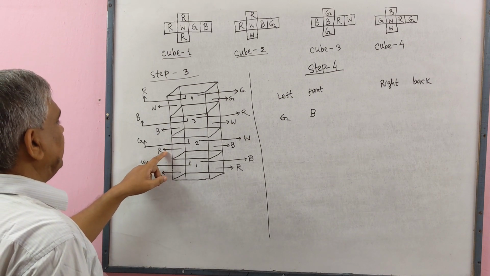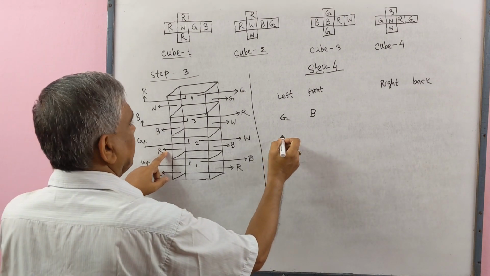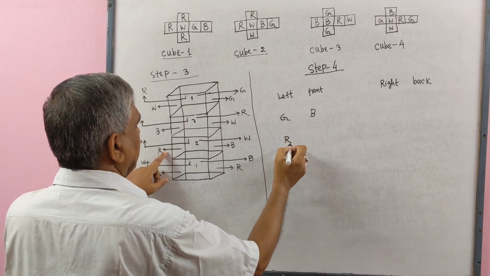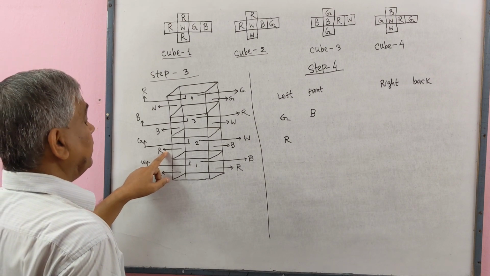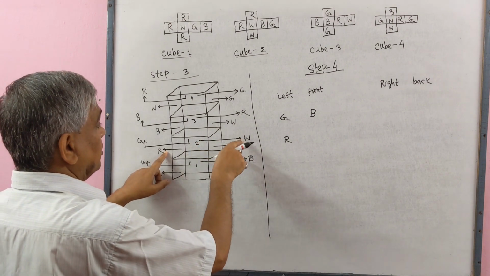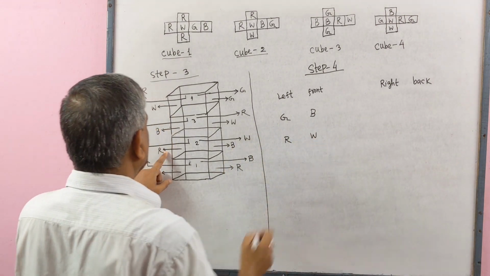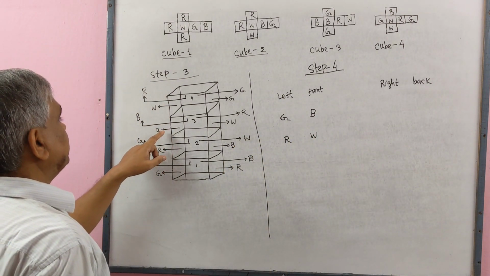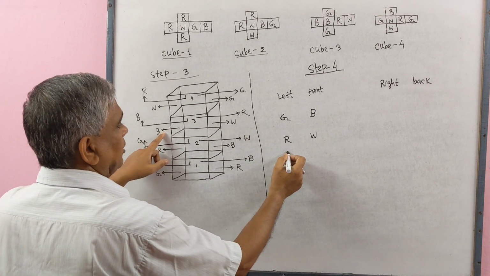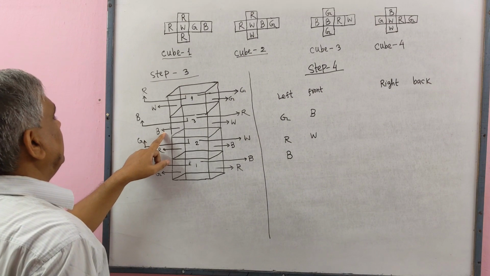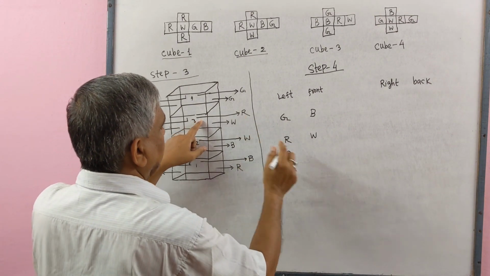In the second cube, left face R and front face W. For the third cube, left face is color B and front face is color R.